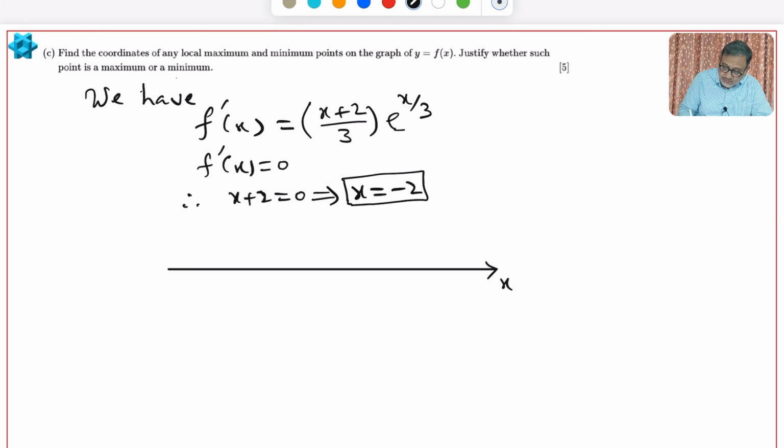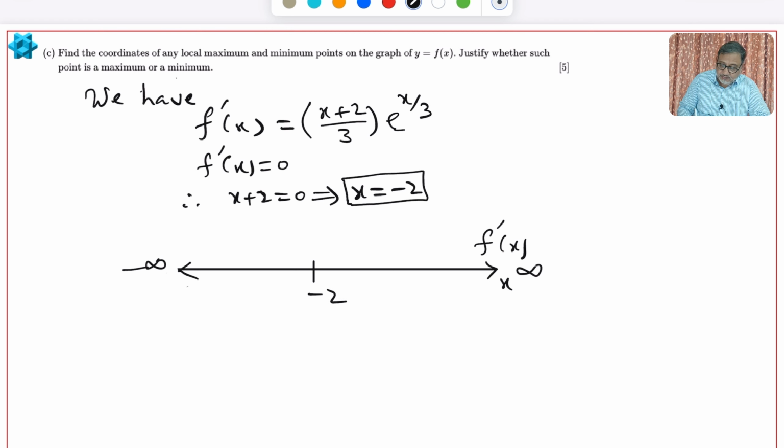So x here, f dash of x here, right? It will be from negative infinity to positive infinity.